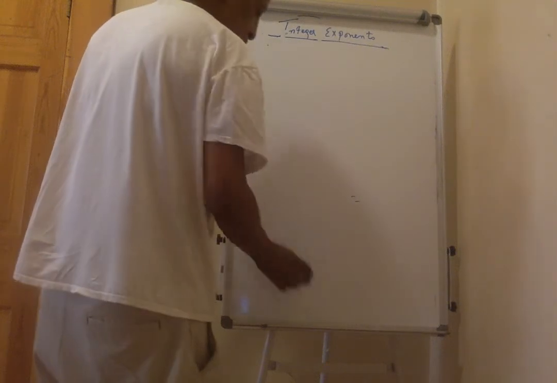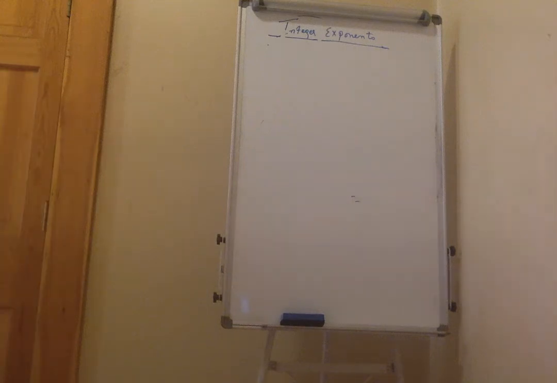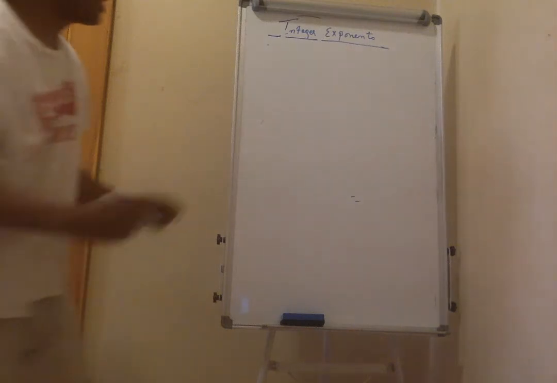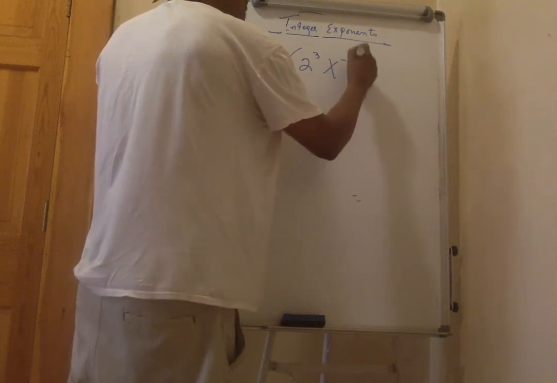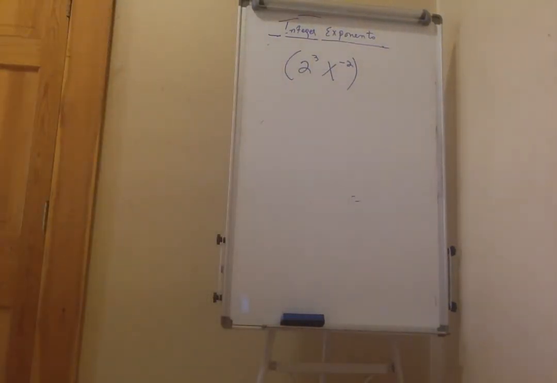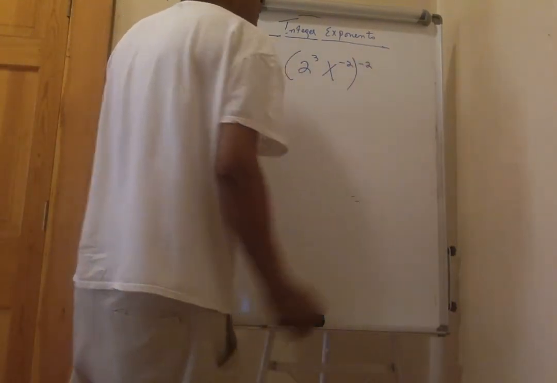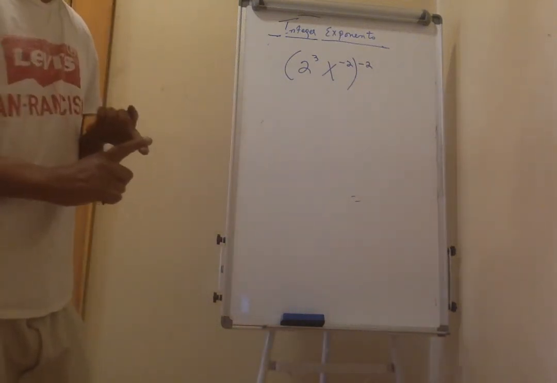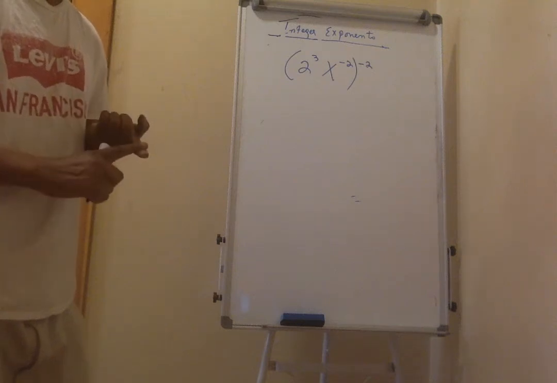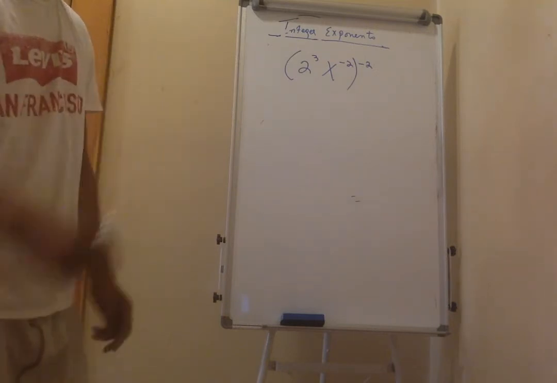Let me do a couple more. Probably something that could be a little bit challenging. So let's say 2 to the third x to the negative 2, all to the negative 2. Mind you, sometimes you could use the power rule, product rule, or quotient rule. You can have choices, but it depends upon the question.